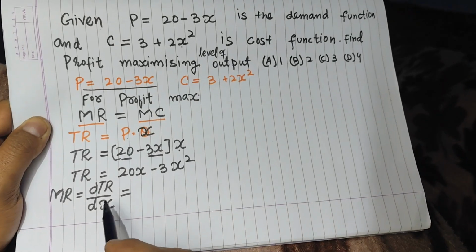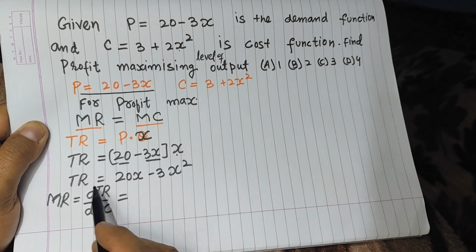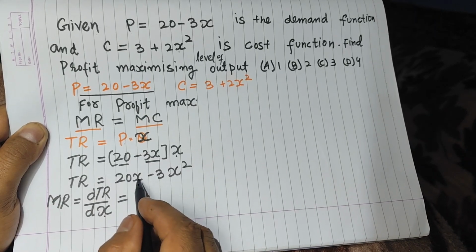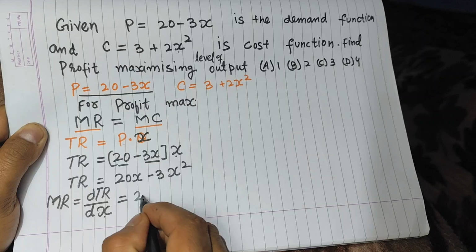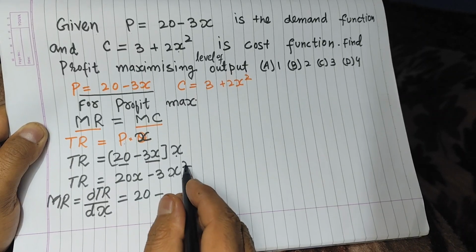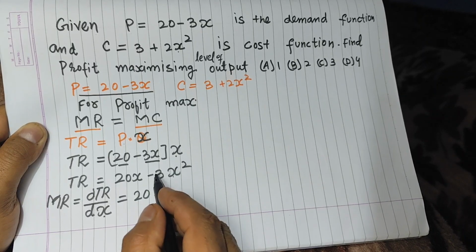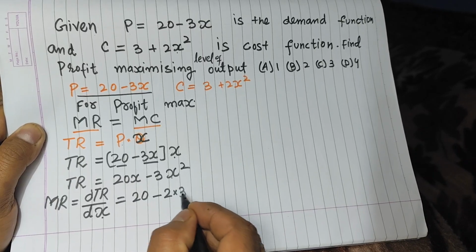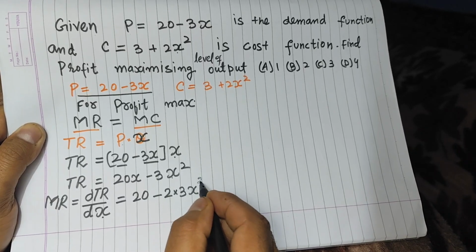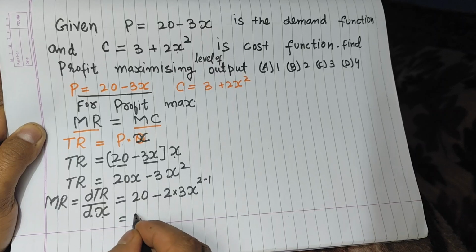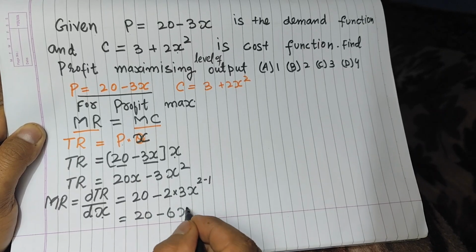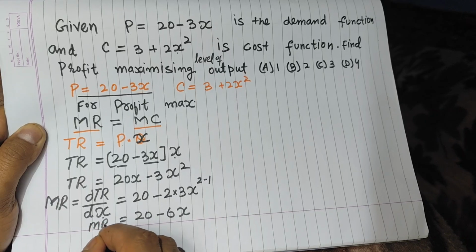Mathematically it means the derivative of this total revenue function with respect to x. Derivative of x in the first term is 1, so we are left with 20 minus derivative of x square is 2x by power function rule. 2 becomes coefficient, so we get 2 into 3x raised power 2 minus 1. So 20 minus 6x will be the marginal revenue.